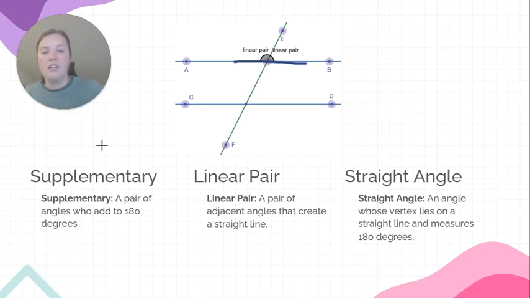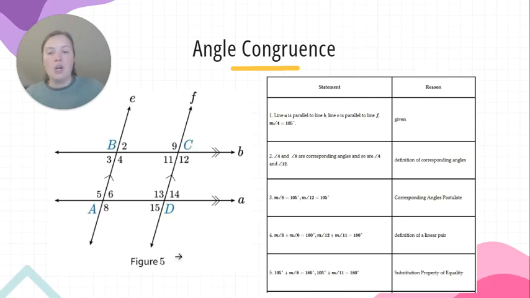So a straight line has supplementary pairs, which we call linear pairs. Hopefully that makes sense. All of these are related, and we need them when we're doing proofs with parallelograms.